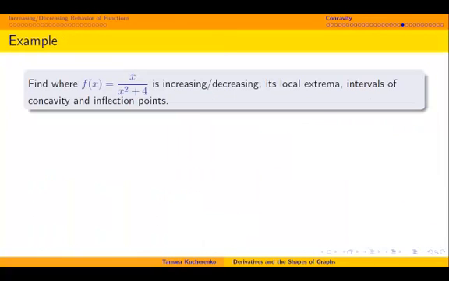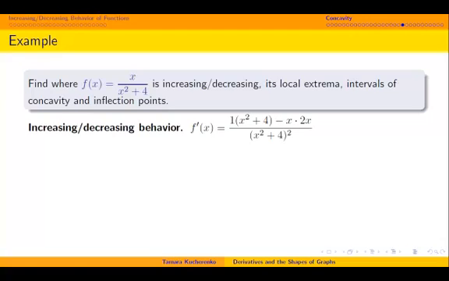Next, we find where f of x equals x over x squared plus 4 is increasing, decreasing, its local extrema, intervals of concavity, and inflection points. We start with increasing and decreasing behavior. We compute the first derivative using the quotient rule.